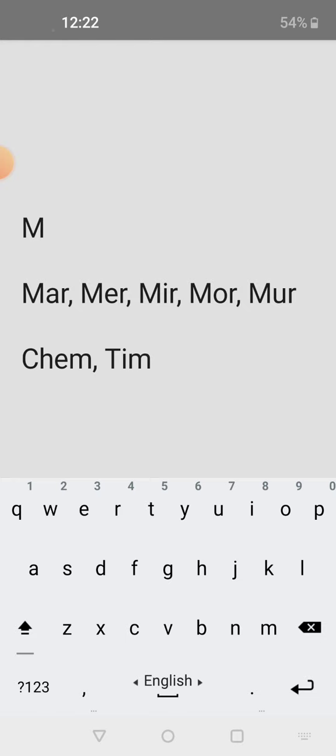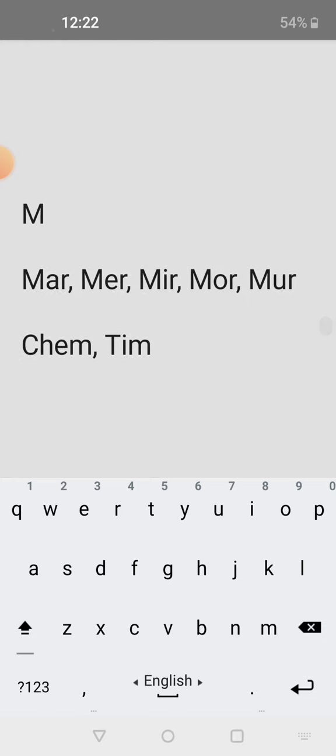M only appears at the end of chem, and note that this is not a K because it's always a CH sound. So chem, and that's in things like chemere, which you've probably heard a lot about if you know the lore related to this language.